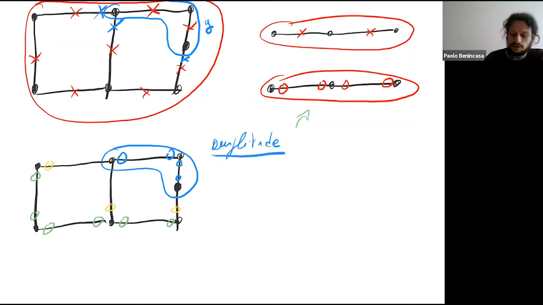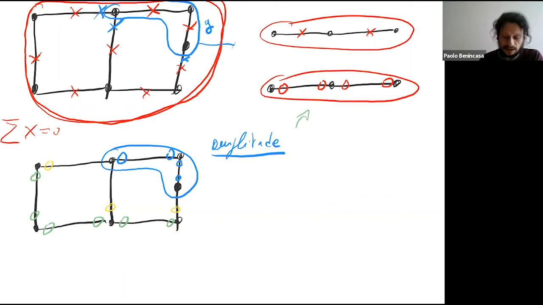And indeed it is, because taking this red blob is telling you that I'm taking the sum of all the x's equal to 0. Taking the blue blob is telling me that I'm taking the sum of the x's associated with the vertices of g plus the energies related to these external lines equal 0.